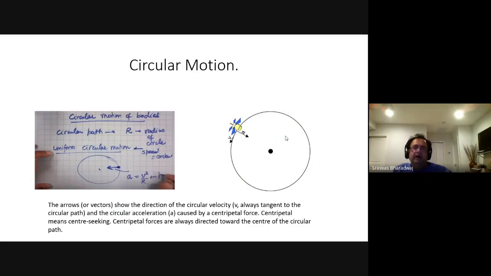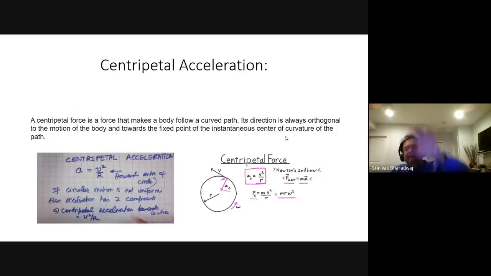Now, v equals omega cross r, where omega is the angular velocity, a vector, v is the velocity vector, and r is the position, also a vector. And a is towards the center for uniform circular motion, with centripetal force.